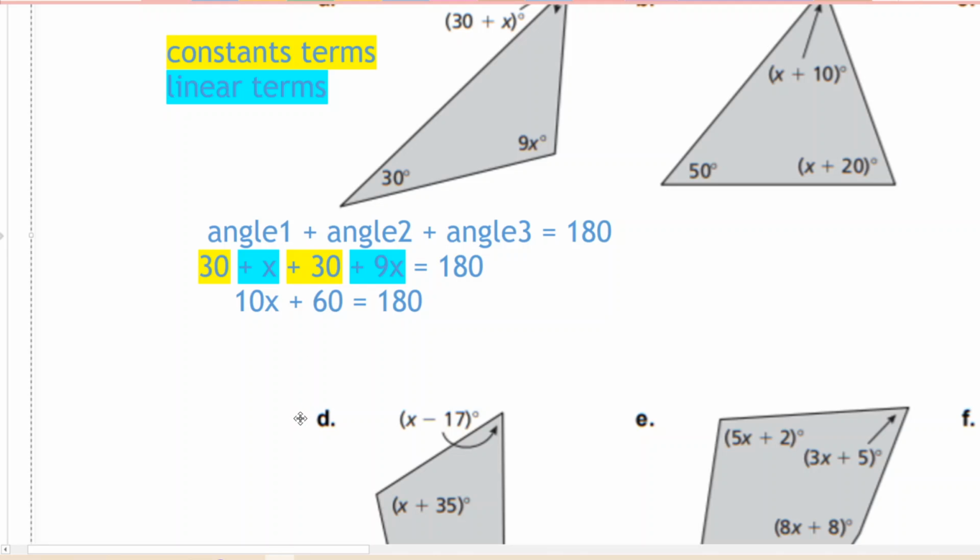Since it's plus 60, the inverse operation is minus 60. So here we are, we're going to subtract 60 from both sides of the equal sign. That gives us a 0 pair on the left side of the equal sign. I've done that in green, so that's a 0 pair.